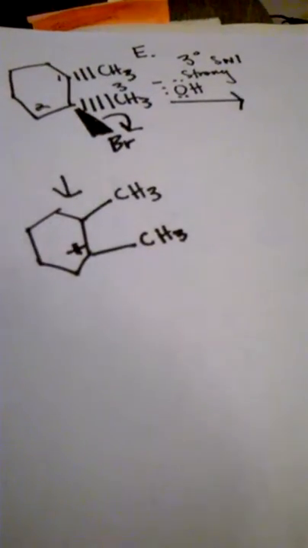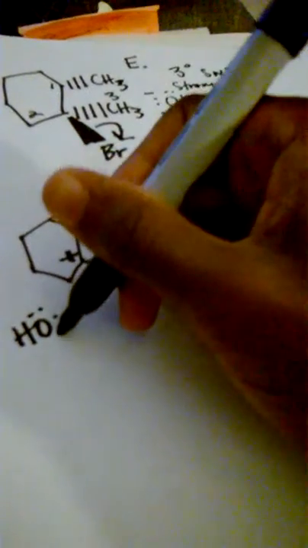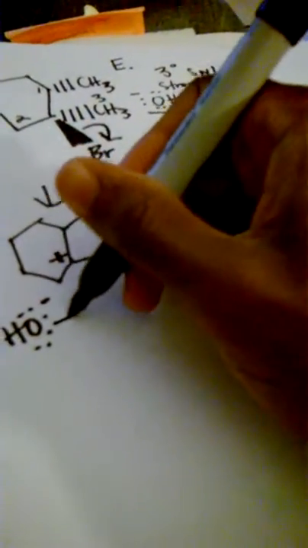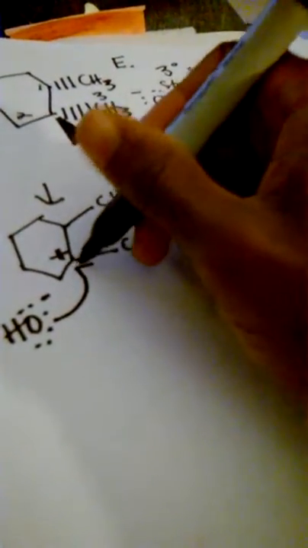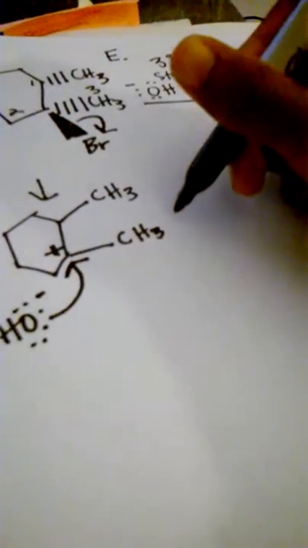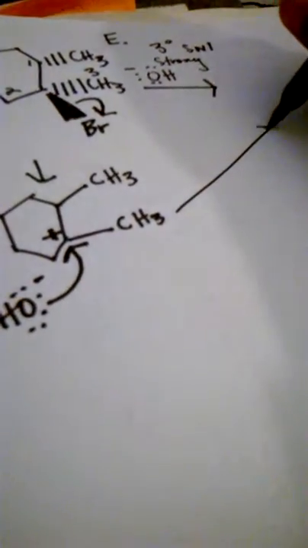And now you have the nucleophile that comes in and attacks using one of its lone pairs. And that brings you to your product. Now in the product, I'm just going to draw all the line bonds and wedge bonds out, just to signify the distinctions between the products and the reactants.